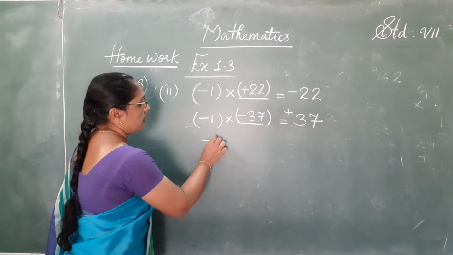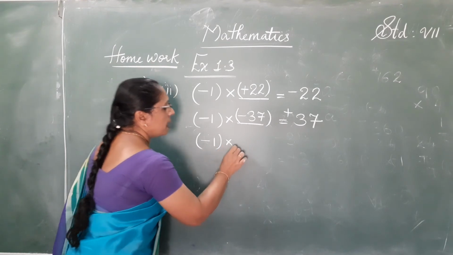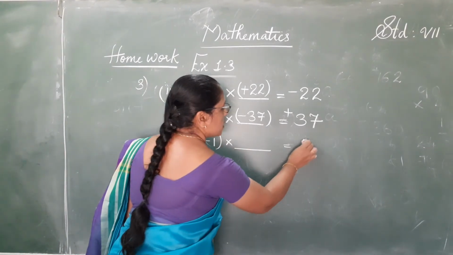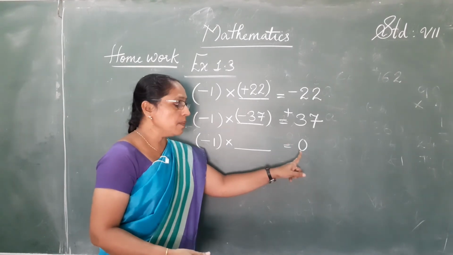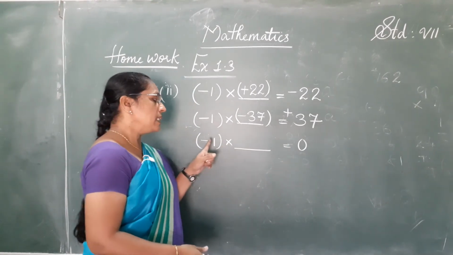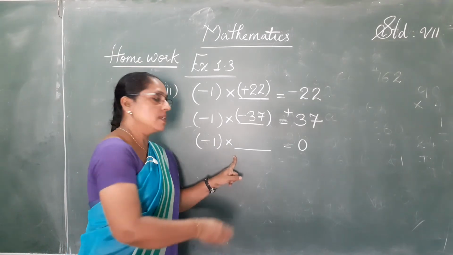Next one. Negative 1 multiplied with what makes the answer 0? That is very easy. We have learned already that the answer becomes 0 when you multiply any number with 0.